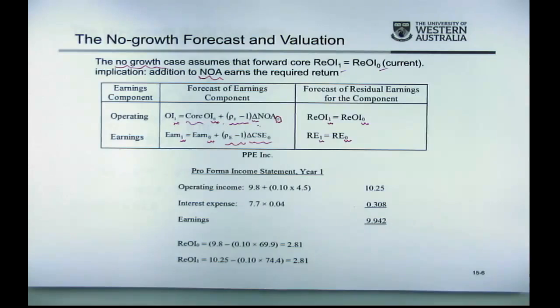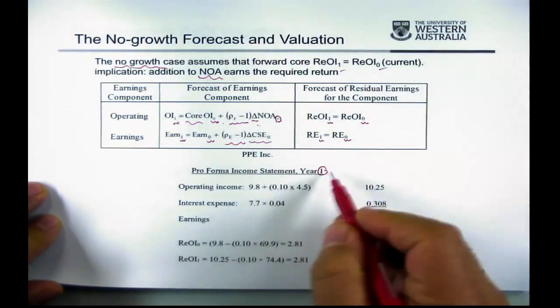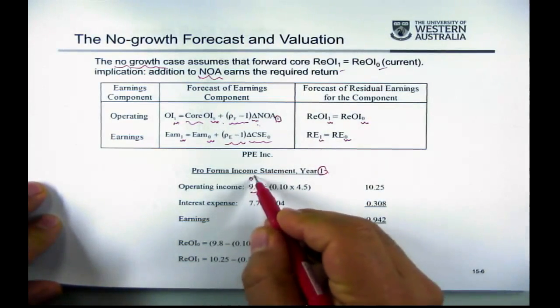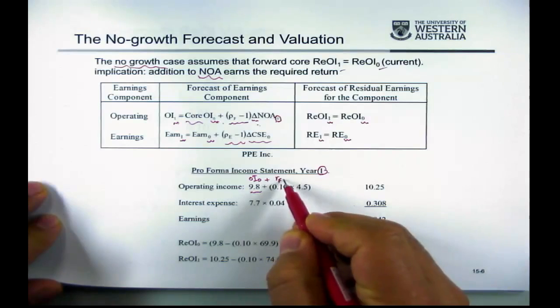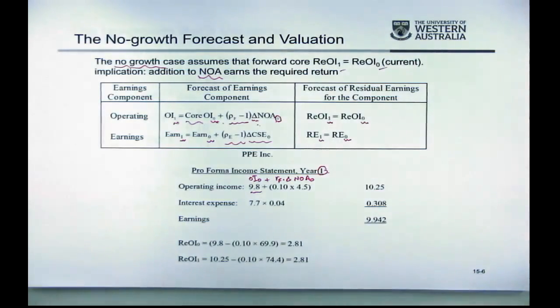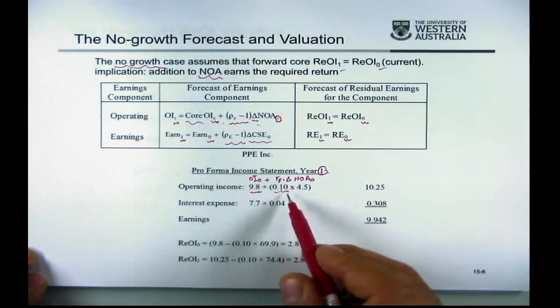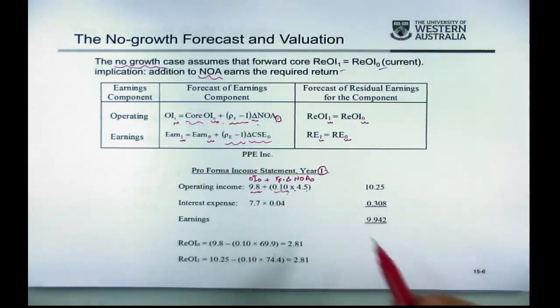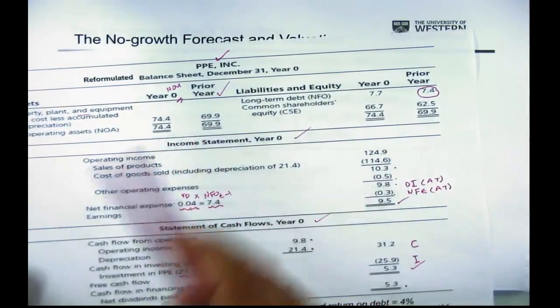So for our dummy firm, operating income in year one is equal to operating income in year zero plus the required return on operations times the change in net operating assets at time zero. So this is the operating income in year zero plus the product of the cost of capital and the change in net operating assets. So 4.5 is the change from here to here, this minus this, okay?